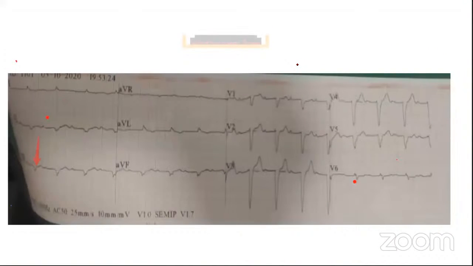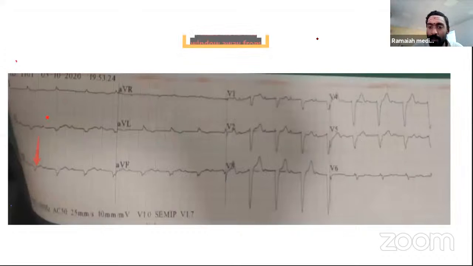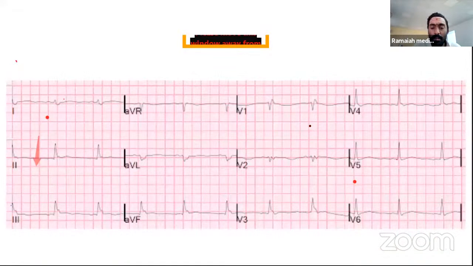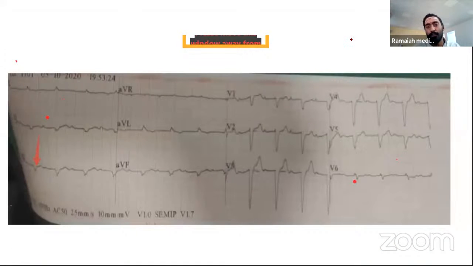Can someone go for this? I'll tell you the P wave direction in aVF and aVL. Any volunteers for this? Three more ECGs, three more people, and we'll finish it.